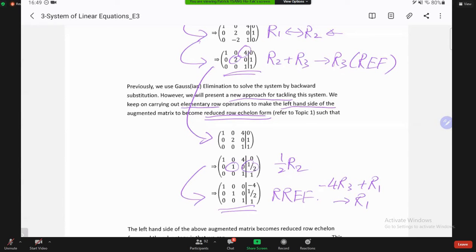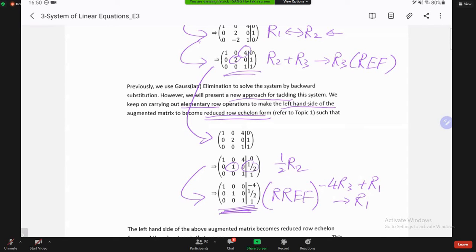Then we achieve the augmented matrix here. I believe you should be able to tell me this is already in RREF, right? Even if you cannot, go back to check the definition. But I can tell you this is already in RREF.